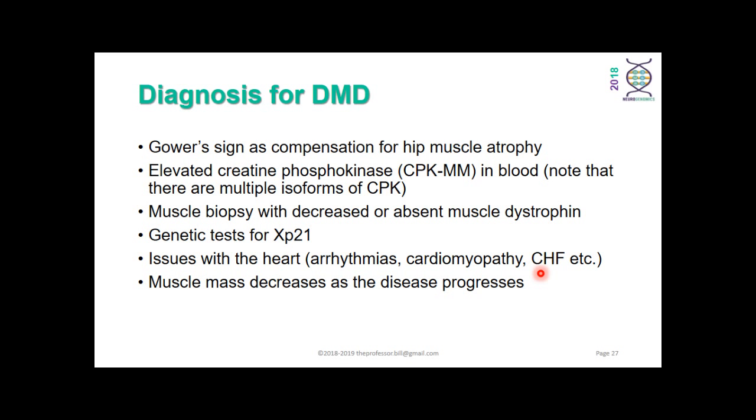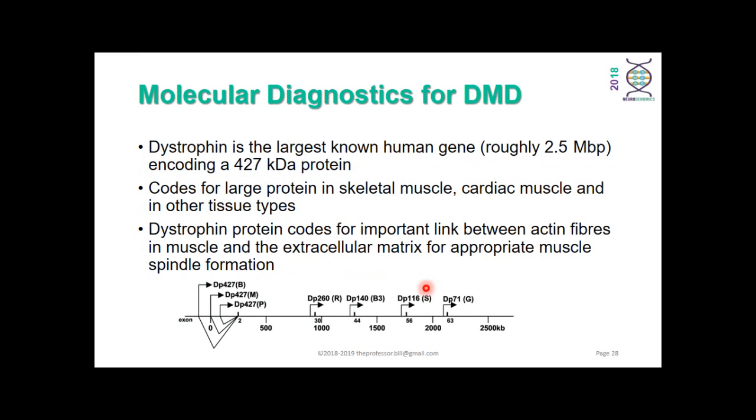The heart muscle cannot pump as effectively as it should normally, and so the blood starts backfilling in the cardiovascular system, and you get what's known as CHF, or congestive heart failure. So this muscle mass, in the heart and in your skeletal muscles, will continue to decrease as this disease progresses.